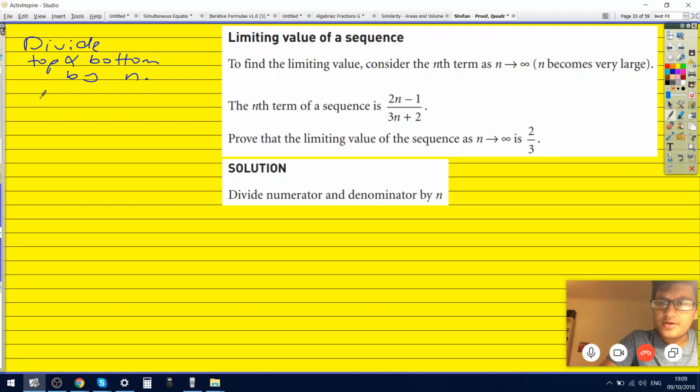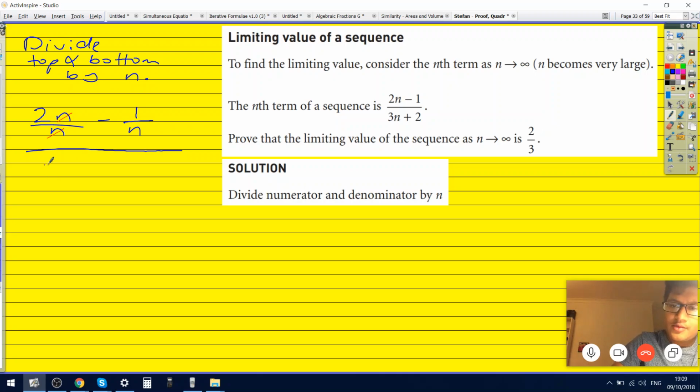I'm not sure how I could. So I would just do the two separately. So like 2n, divide that by n, minus 1, divide that by n. Okay, so 2n divided by n is 2. Minus 1 divided by n is just minus 1 over n. So you'd have 2 minus 1 over n over 3n plus 2.